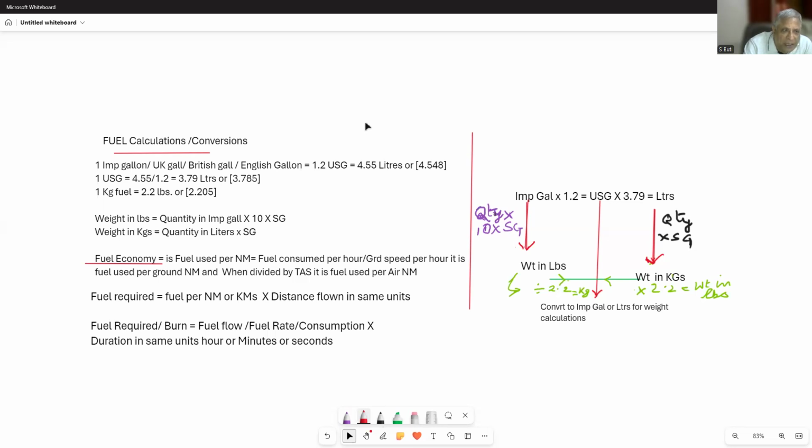And a mistake made in the calculations could really be disastrous. You'll end up in a country where they are using liters and you tell him the fuel required in gallons, 500 gallons, okay?